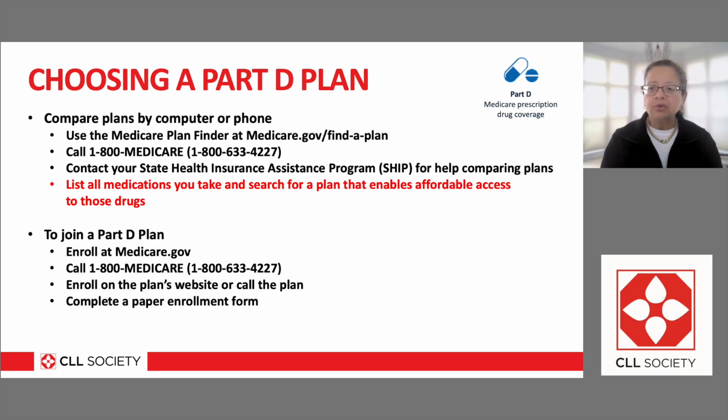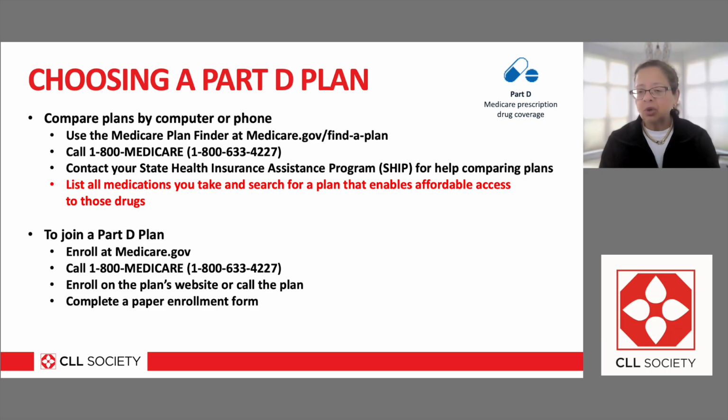Okay, so how do you choose a Part D plan? Well, if you're in traditional Medicare, there are plan finder supports and a program in your state, typically known as the SHIP program, that will help you compare programs. But in order to get started, I highly recommend that you make a list of all the medications that you take now and look for a plan that gives you the best, most affordable access to those drugs.